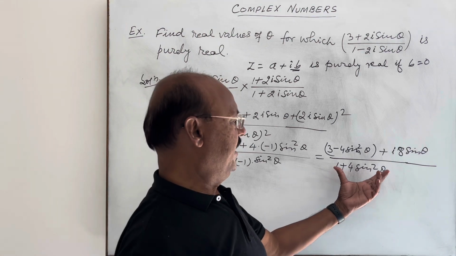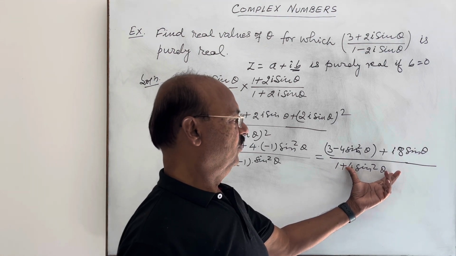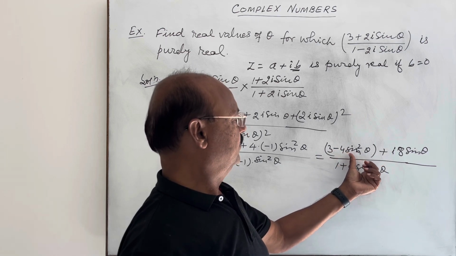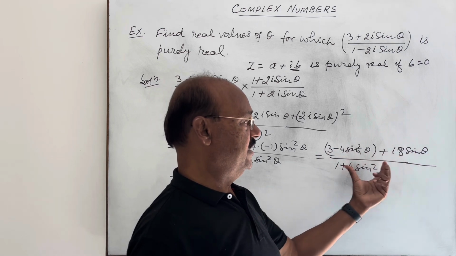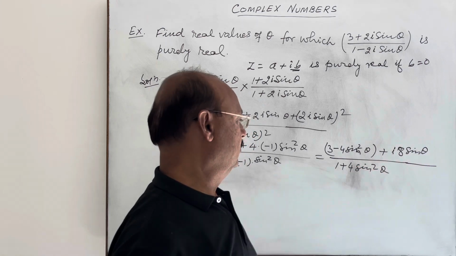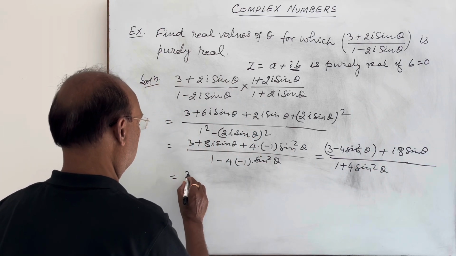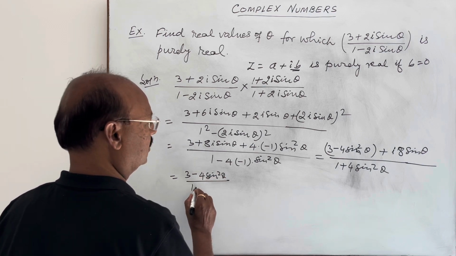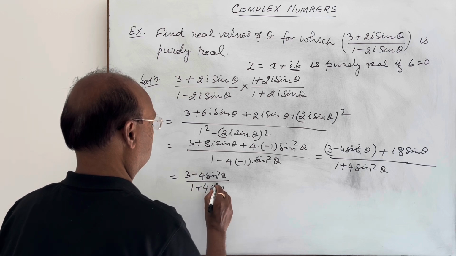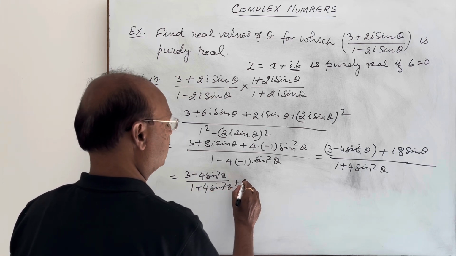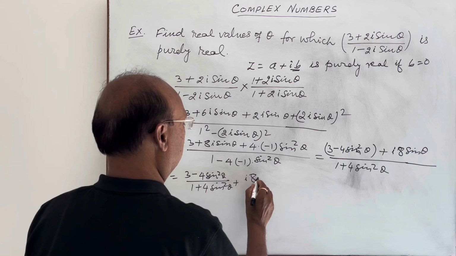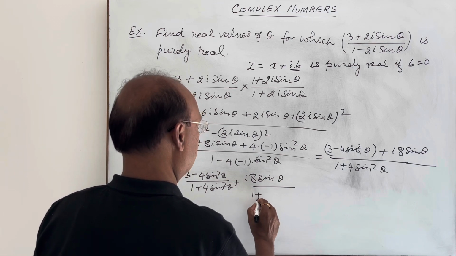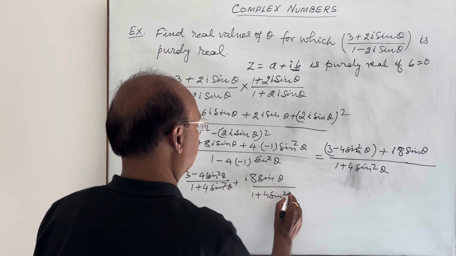If we write the expressions 3 - 4 sin square theta and i 8 sin theta separately over 1 + 4 sin square theta, then we get (3 - 4 sin square theta) / (1 + 4 sin square theta) + i (8 sin theta) / (1 + 4 sin square theta).